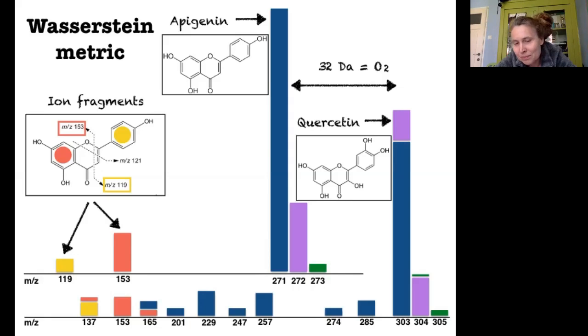The top one is from apigenin, a small molecule, which looks like here, and the bottom from quercetin. These two molecules are very similar. They differ only by 2 oxygen atoms, in fact. The idea of the Wasserstein metric is very popular in computer science under the name of Earth mover distance, especially in the image recognition field.